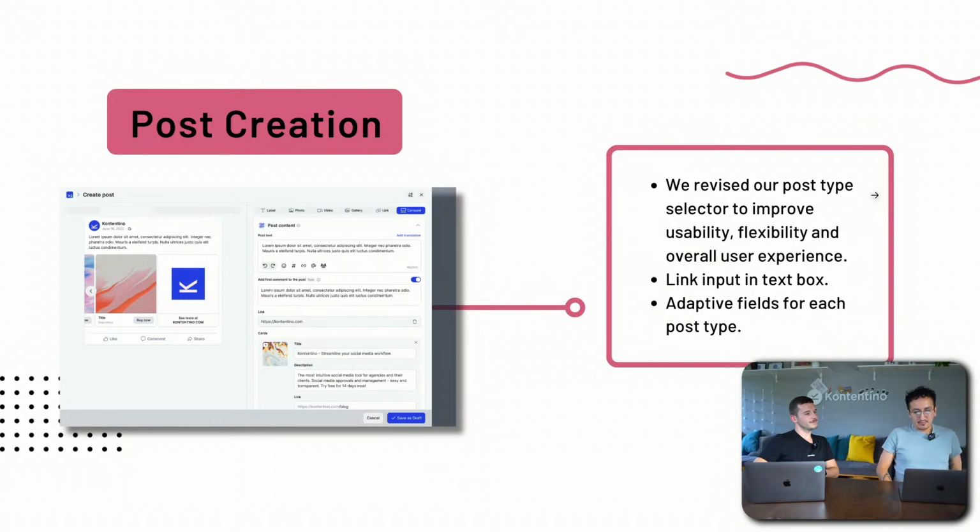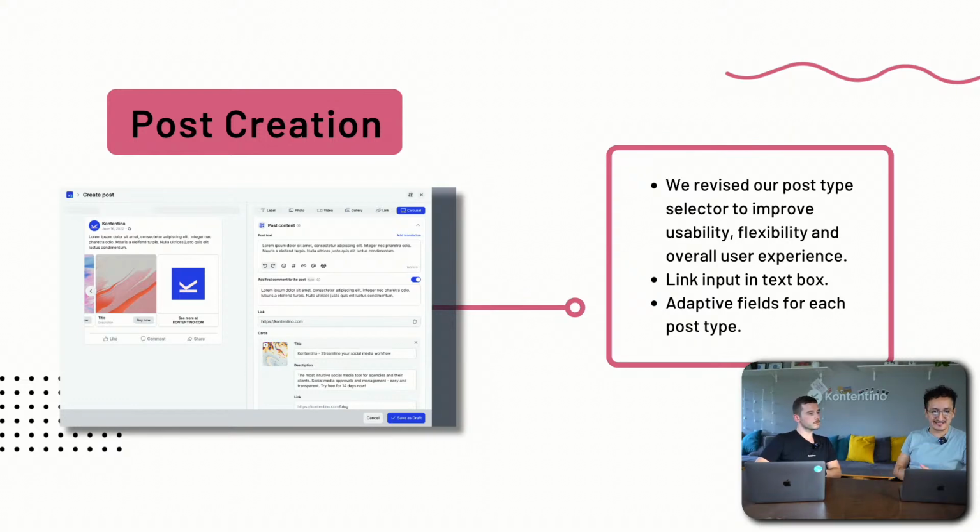So yeah, in the post creation section, also based on some feedback that we got from our users, we know that sometimes you like to switch between the post types that we had. Currently in Kontentino, we thought that the best way would be to guess what type of post this was based on the assets that you upload. The feedback was like, we don't like it, please don't do this.